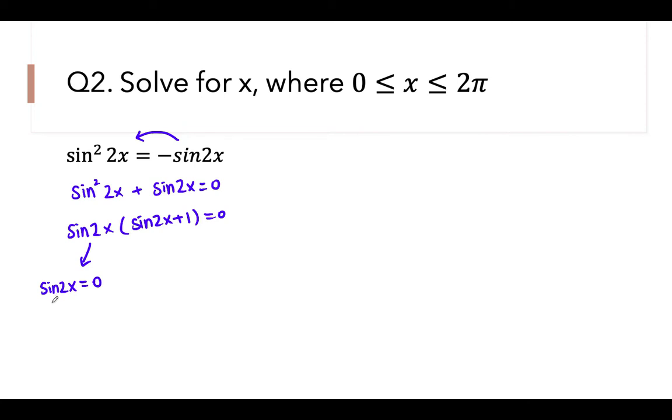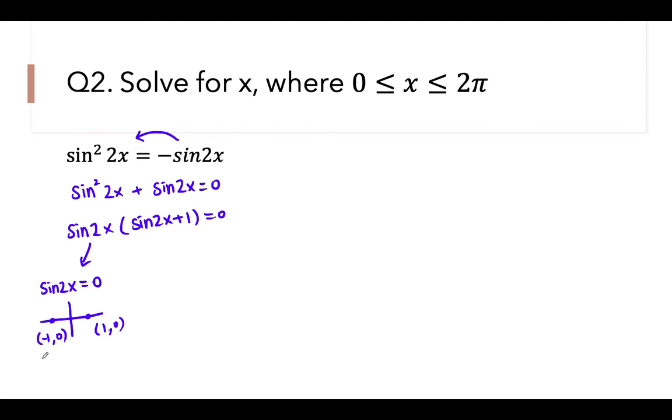And then you will notice that sine is 0 when it's on the x-axis, because it's going to be (1, 0) and (negative 1, 0). Right? It's the unit circle where the y value is 0.